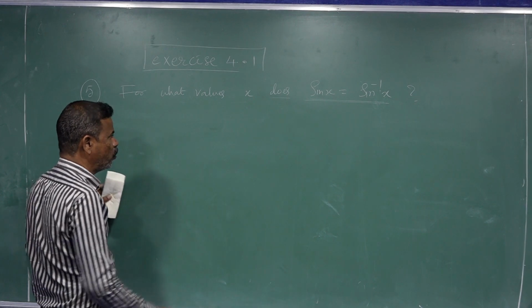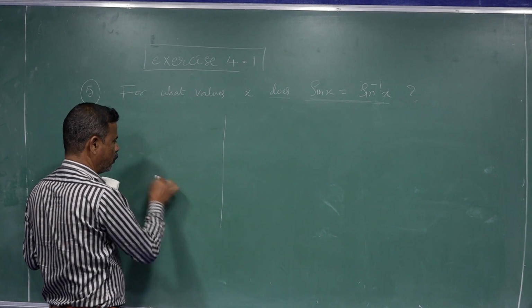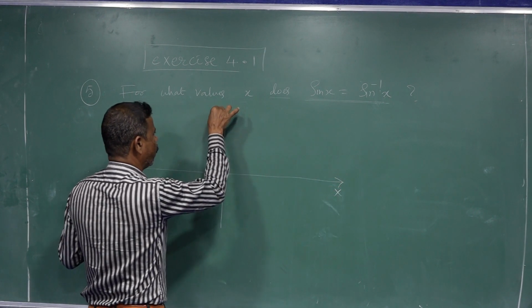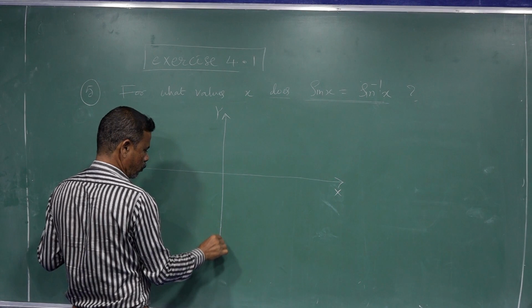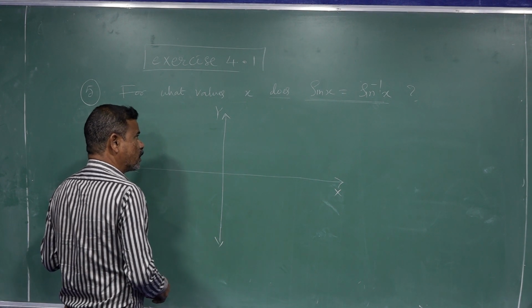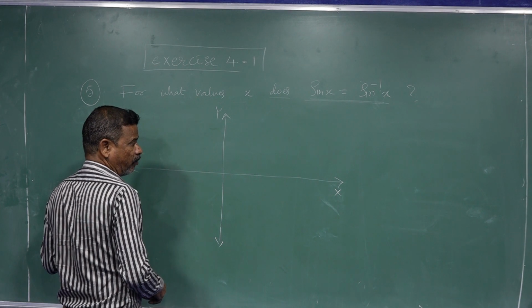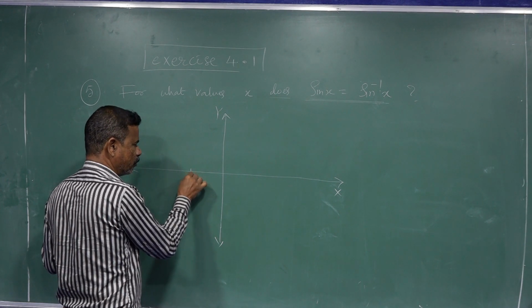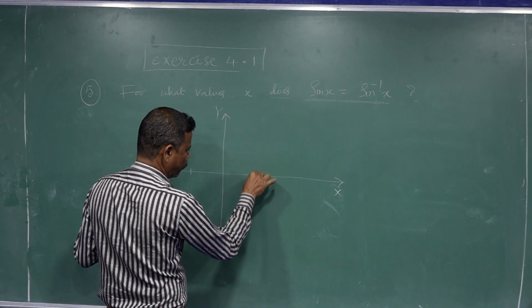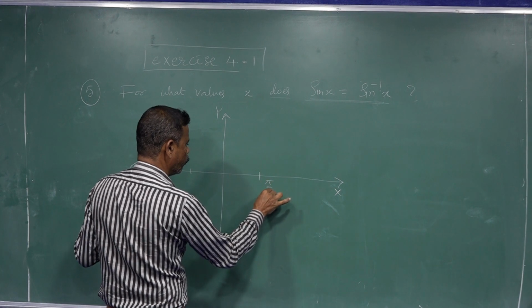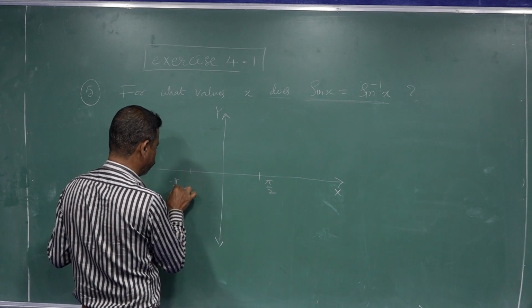So, by using the graph, this is the x-axis, this is the y-axis. Consider sin x values from minus 90 to plus 90, that is minus π/2 to π/2.